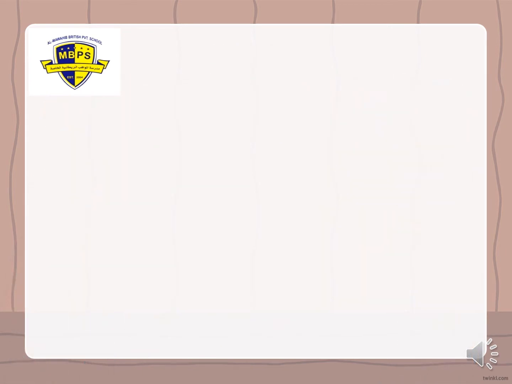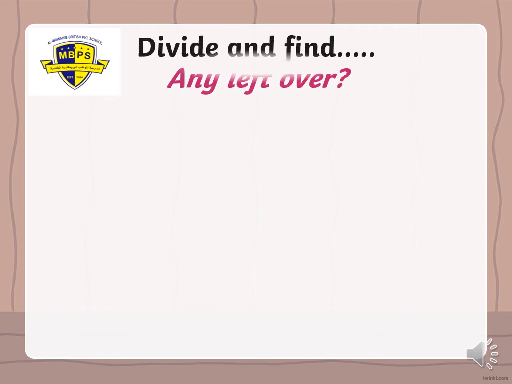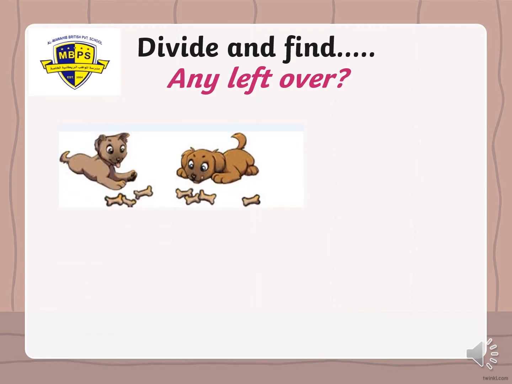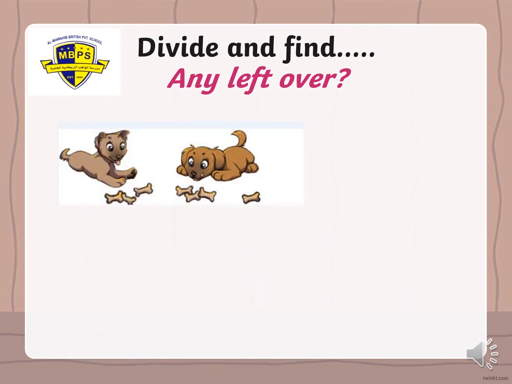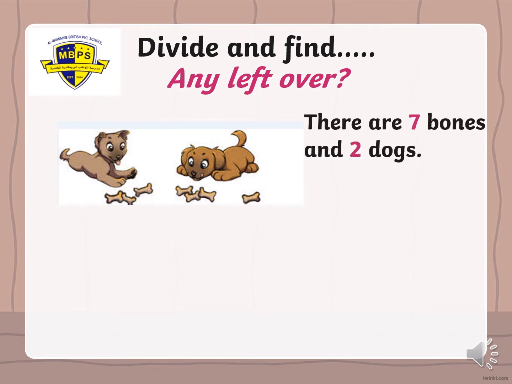Now we can start our lesson for today. Today we are going to divide and find if any left over. Look at this picture. There are 7 barns and 2 dogs.